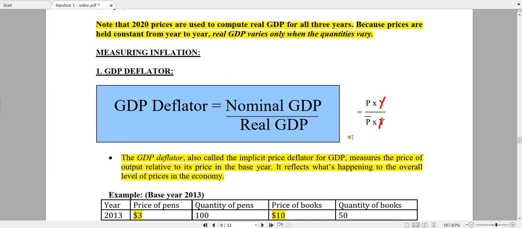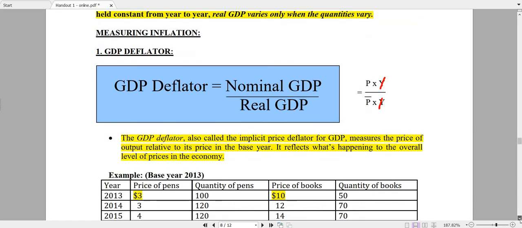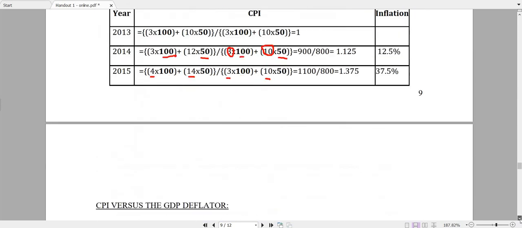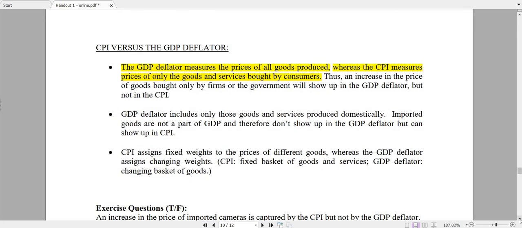But when you calculate the CPI index, remember, a consumer typically does not consume military equipment. So since the basket is not going to contain military equipment, if there is an increase in the price of military equipment, it will not show up in the CPI index, but it will show up in the GDP deflator. So that's the first difference between the two techniques of computing inflation.